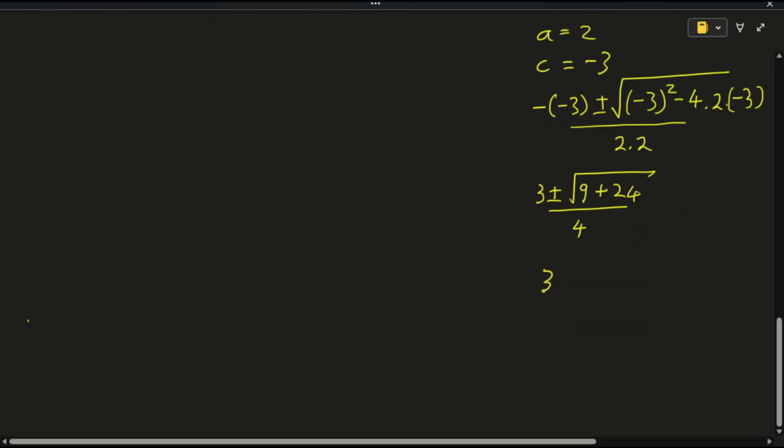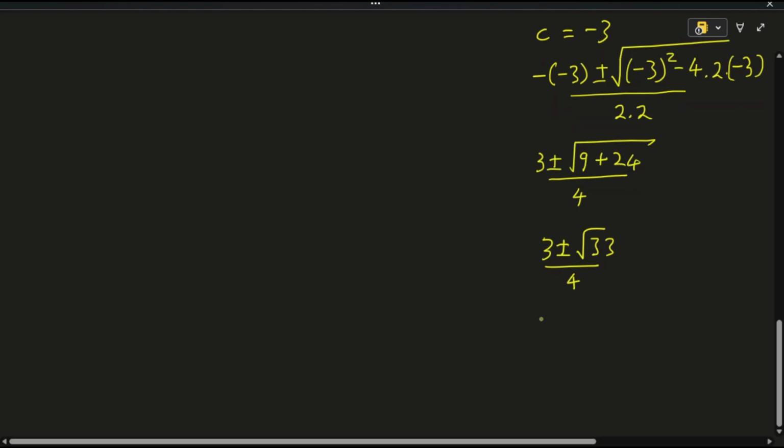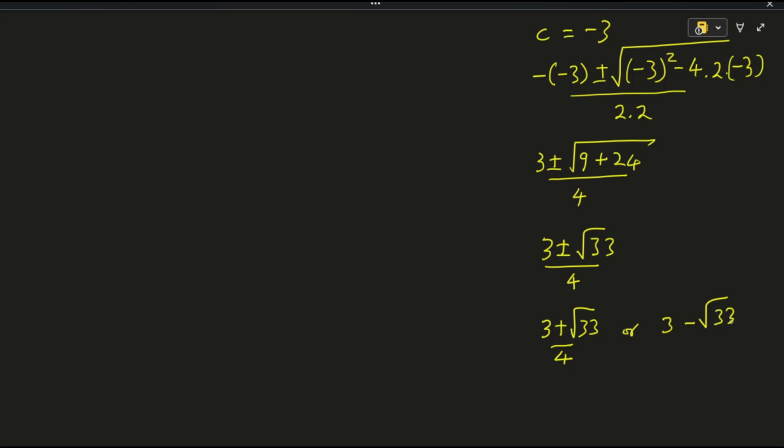So we're going to have 3 plus or minus root of 33 over 4. So we're going to have 3 plus root of 33 over 4, or 3 minus root 33 over 4.